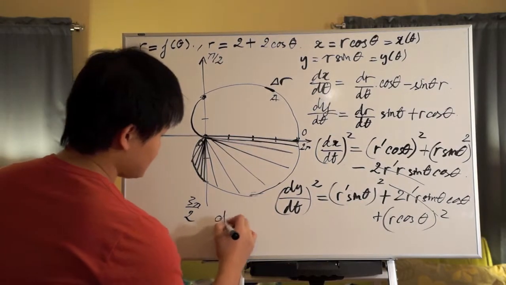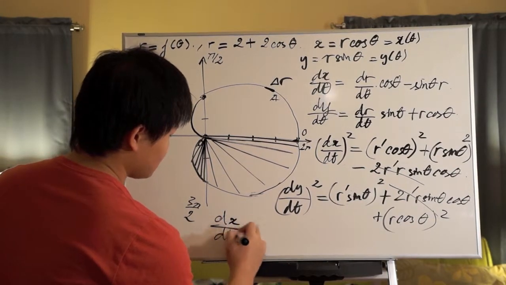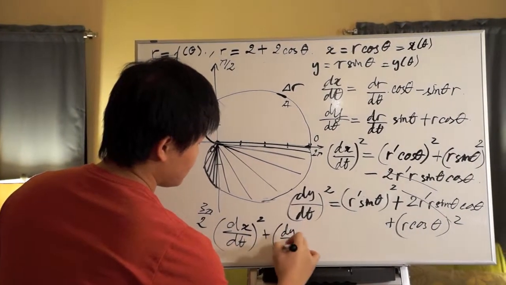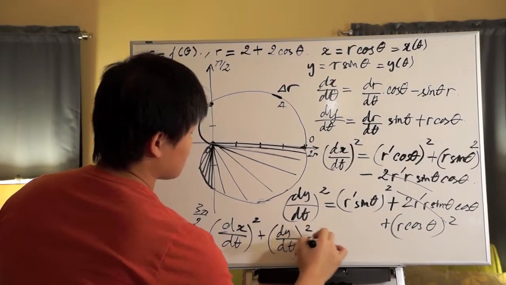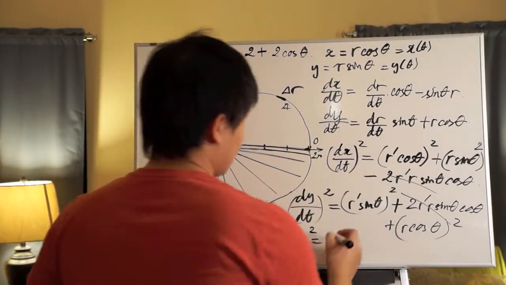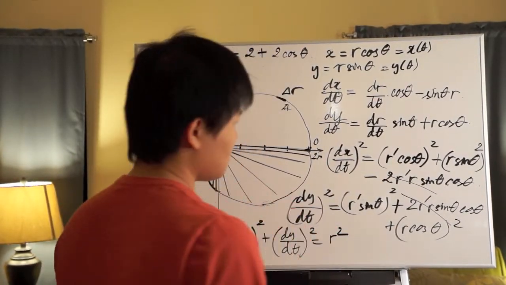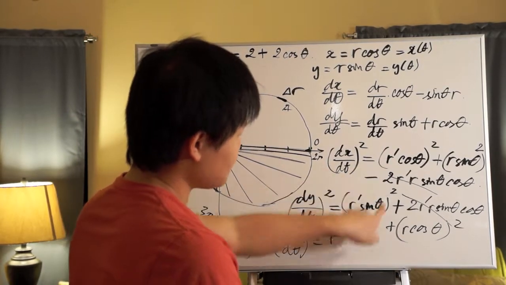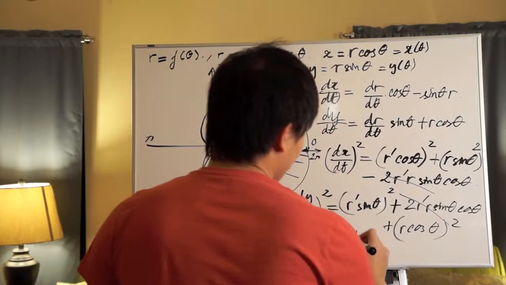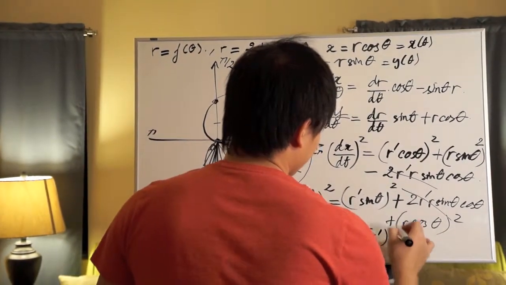So dx over d theta squared plus dy over d theta squared is r squared plus, in the same way, sine squared plus cosine squared being 1, r prime squared.